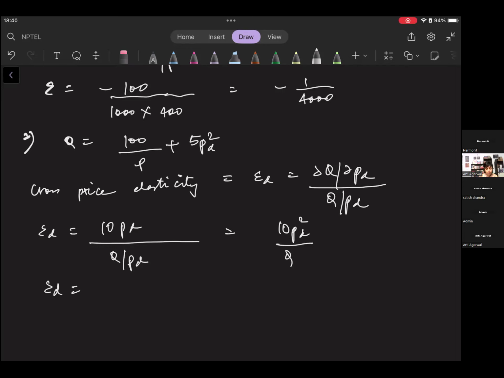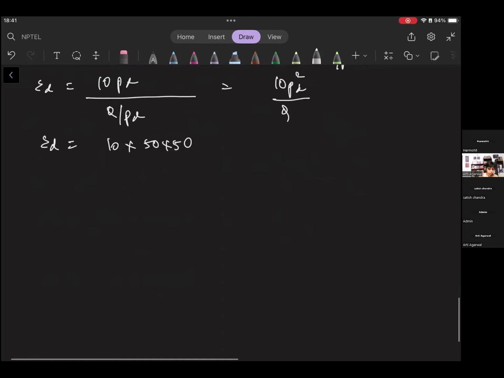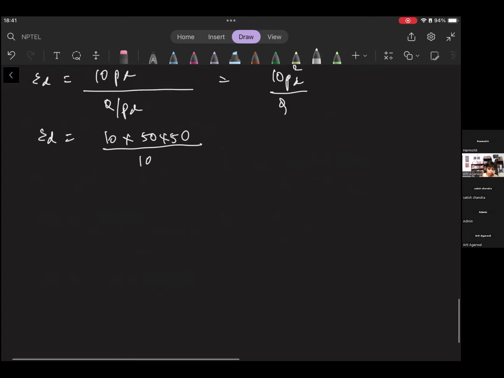Now we're given the values of PD and q as 50 and 1000. So 10 into 50 into 50 upon 1000. This is going to get cancelled out. What you get is 25.